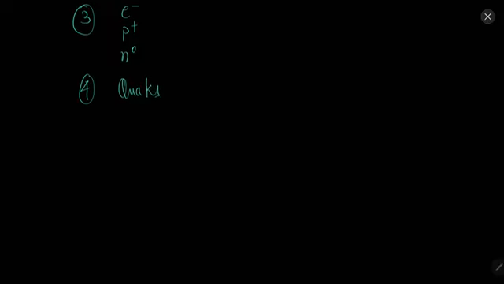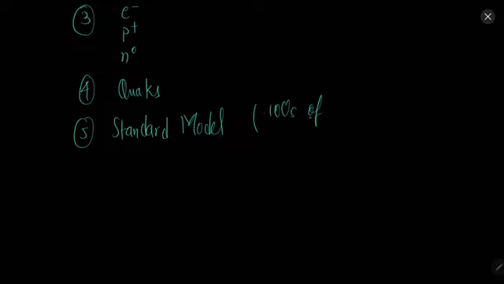Quarks are the particles which make the protons and neutrons. And now we know that, according to the standard model of particle physics, there are hundreds of subatomic or small particles which make the atoms or which make the elements.